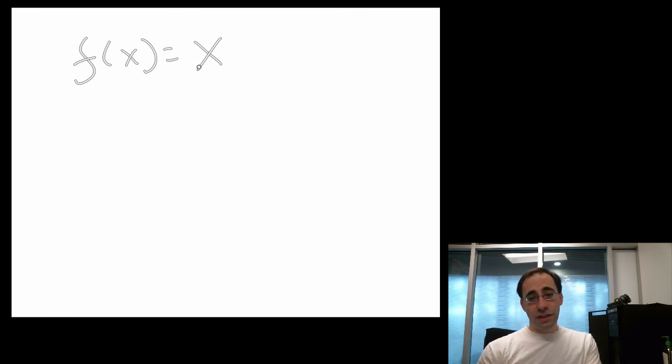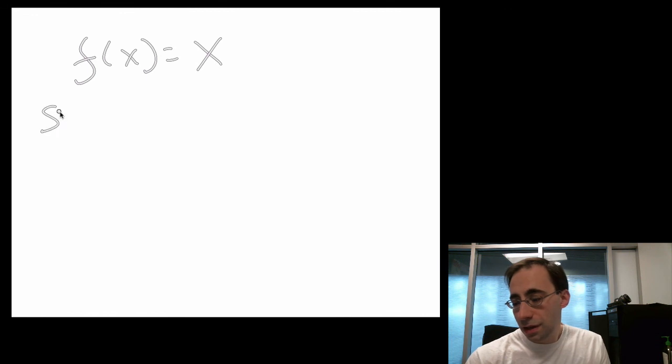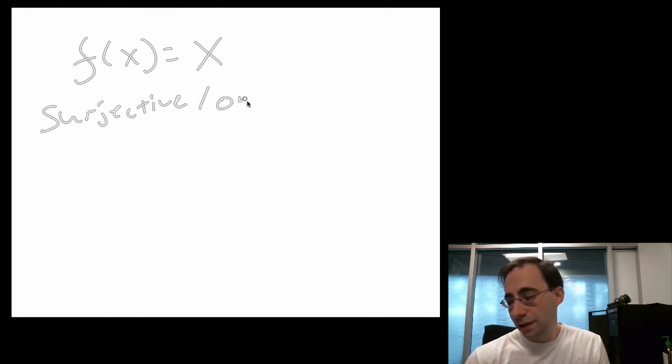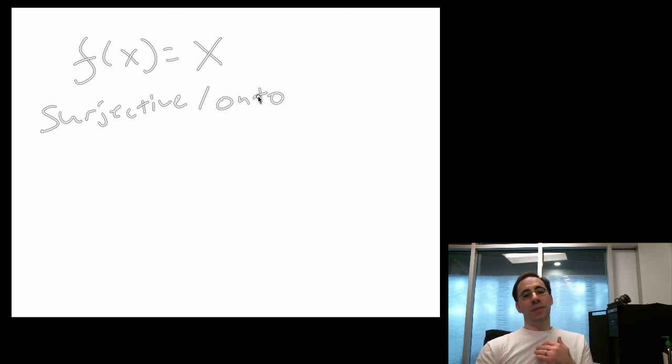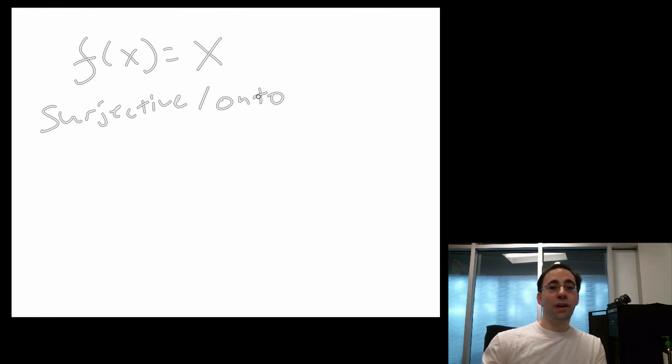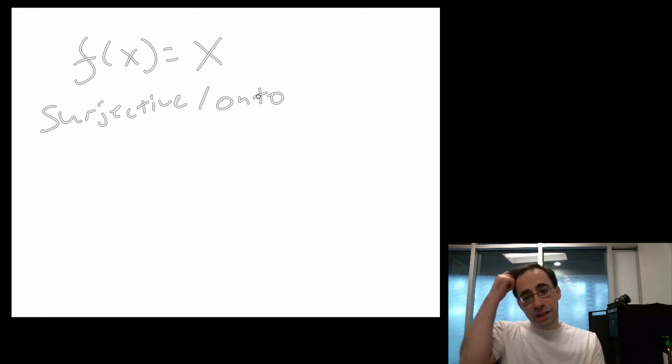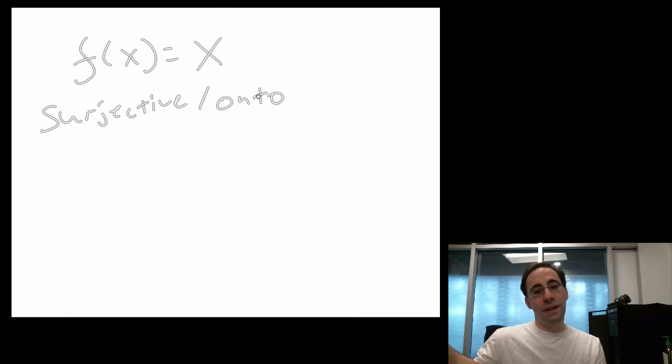There are two common definitions that are really used about functions. The first is called surjective or onto. And what this means is the function fills the entire codomain. So the whole codomain is covered by points in the domain mapped to it.